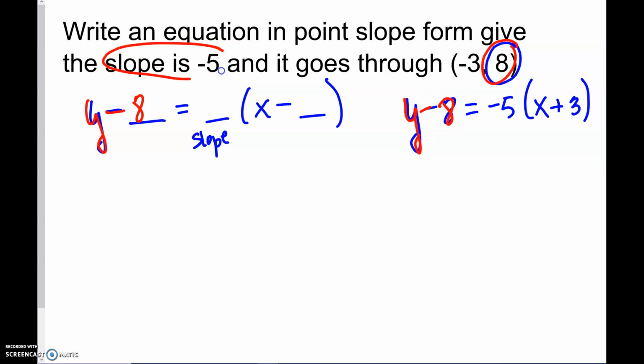Okay, they tell us slope is -5, so we put in a -5, same thing that we have over here. And then, last but not least, this is your x value. So we're putting in a -3. Now remember, mathematicians do not like minus a negative. So that turns into an x plus 3. And look, that's what we have here on the end, is x plus 3.